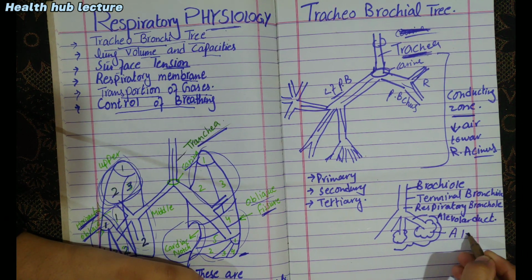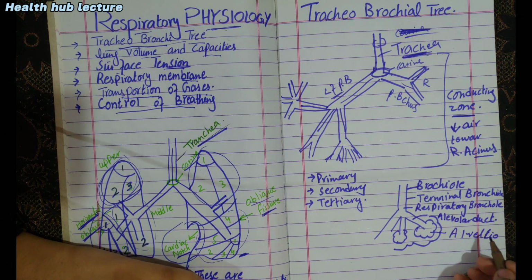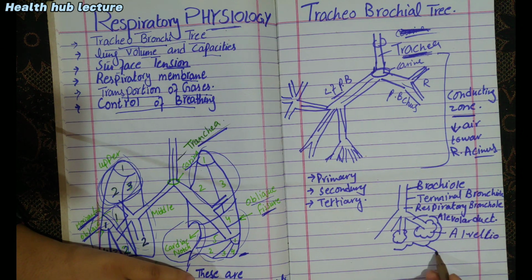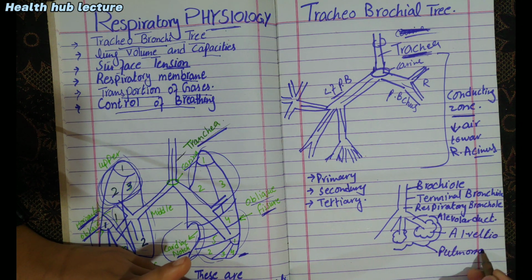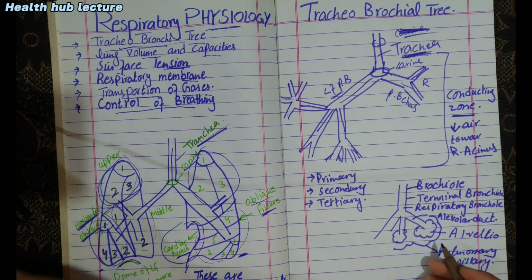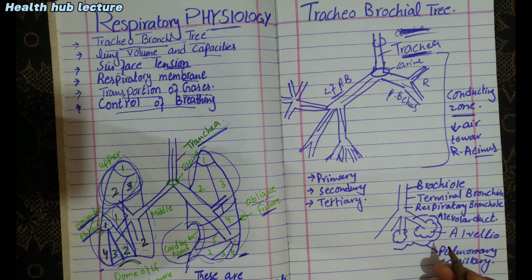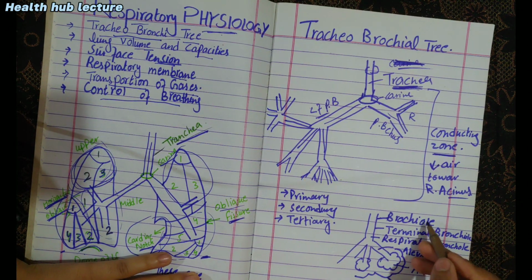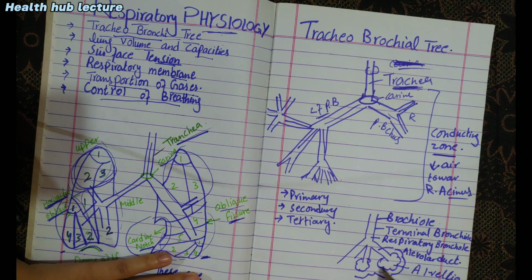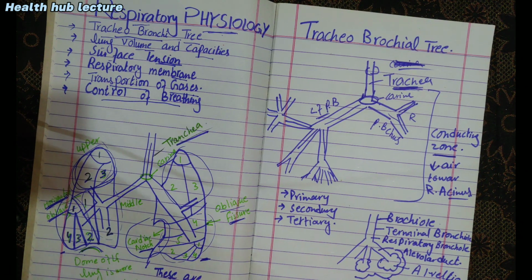These are the alveoli. Okay, and we have exchange of gases in the alveoli. Okay, these are the pulmonary capillaries. Here the pulmonary capillaries, where the oxygen and the carbon dioxide is exchanged with the blood. Now these are all bronchioles, terminal bronchioles, respiratory bronchioles, alveolar ducts, alveoli, and the pulmonary capillaries.